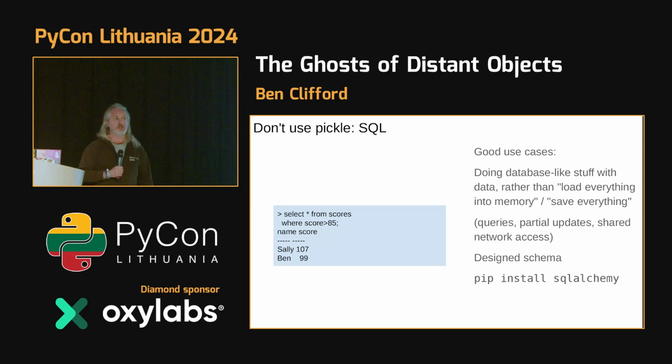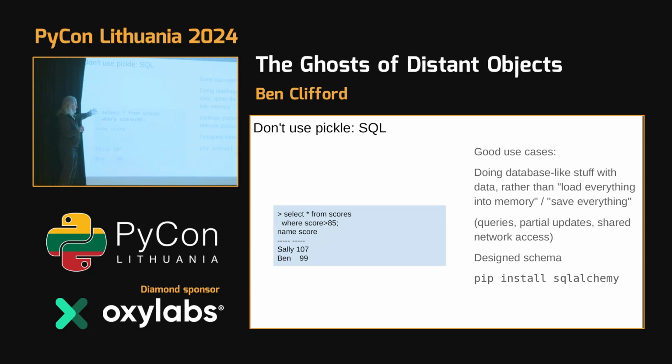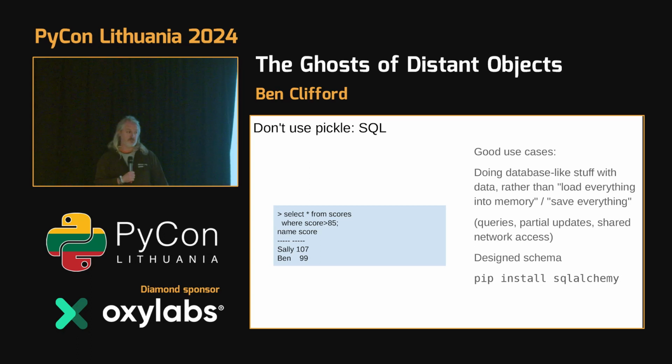Well, if you're going to do something that isn't just load all my data in, if my game is really popular and networked and I have 1 billion players and 1 billion high scores, I don't want to load this giant object into memory. I might want to make a query against it like, give me the people who've scored more than 85. And a database engine is substantially better at doing that than loading it into a list in memory.